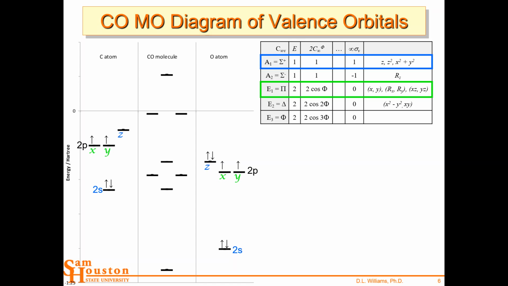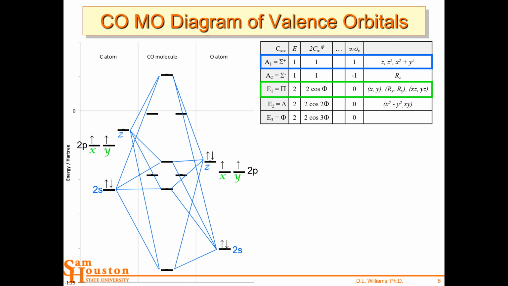Now this gets really busy really fast because we interact all of the same symmetries. So the green symmetries interact with the green and the blue interact with the blue. I think I'll do the blue first. So here's all of the blue interactions. It looks more ugly than it really is. It's 4 atomic orbitals, and 4 atomic orbitals make 4 molecular orbitals.